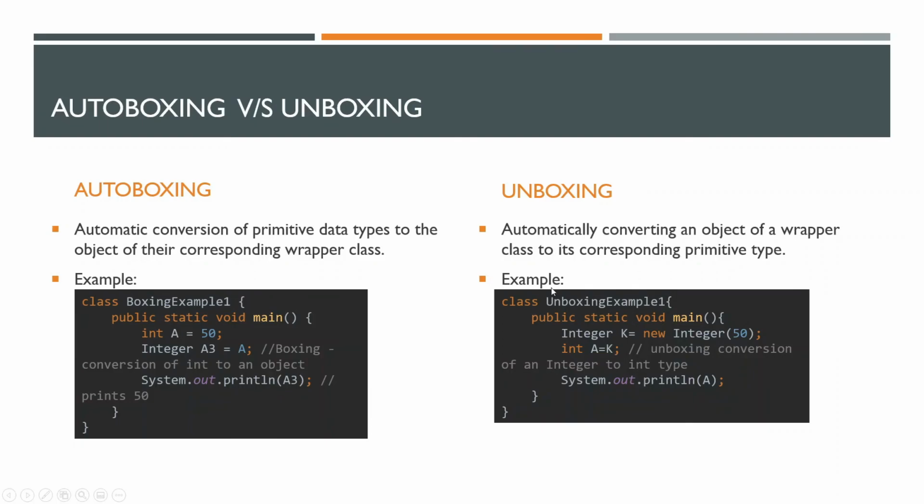Now, in unboxing, we give a variable k the value of an Integer object which we pass the value of 50 inside of. Then we give primitive data type variable a the value of k. And when we try to print that value, we get the value of 50, which is exactly what we want. If we didn't have unboxing, then there would be plenty more steps involved, making this process much more complicated than it has to be.